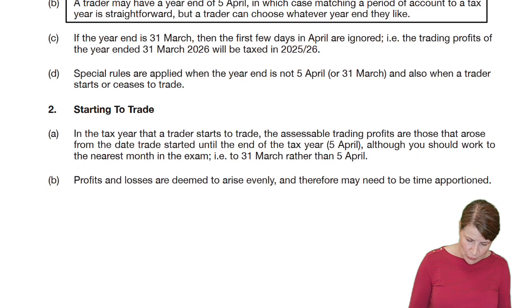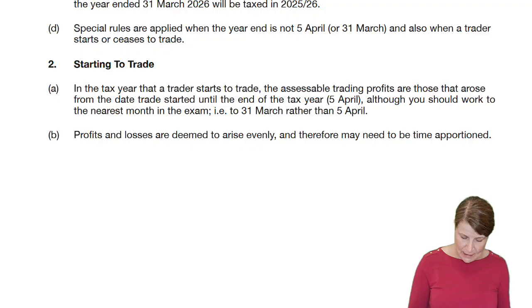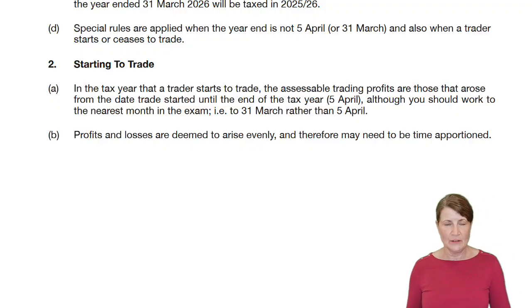So special rules are applied when the year end is not the 5th of April or the 31st of March, and also when a trader either starts to trade or ceases to trade. We've got some special rules. So let's have a look at when we start to trade.